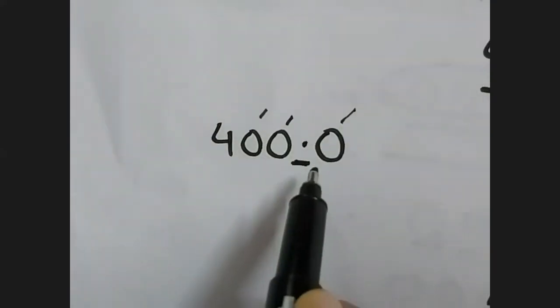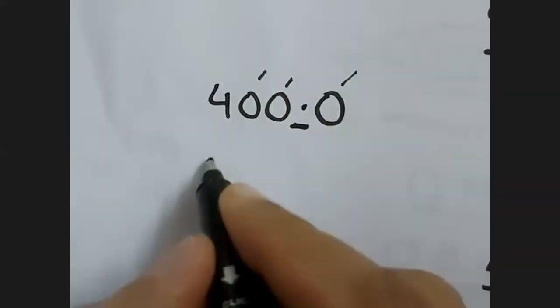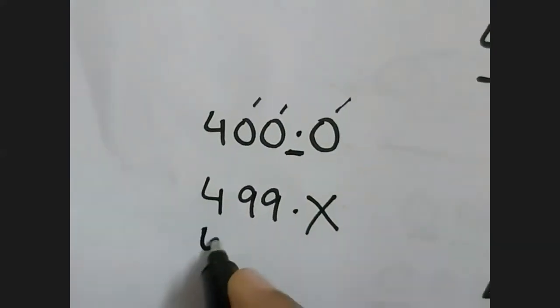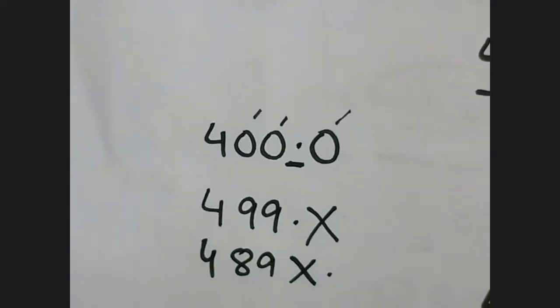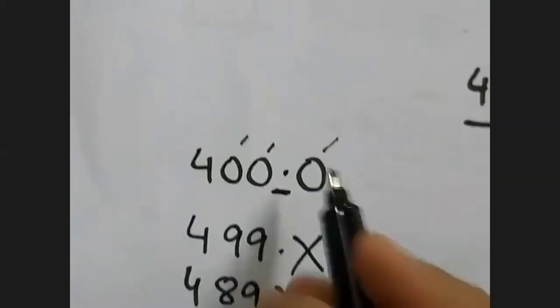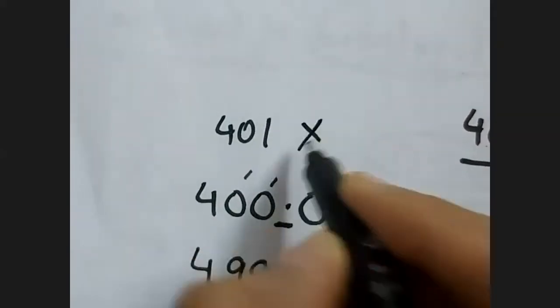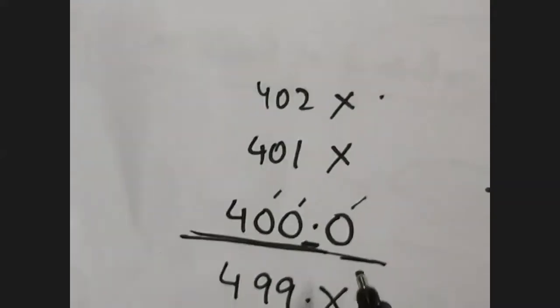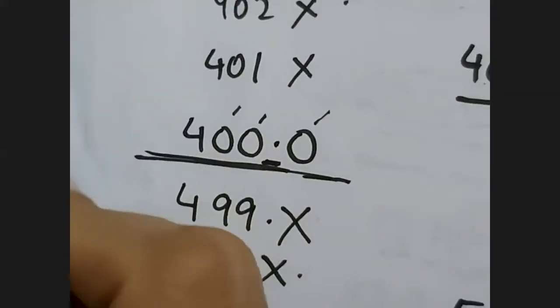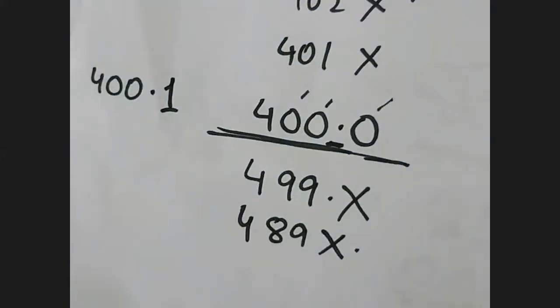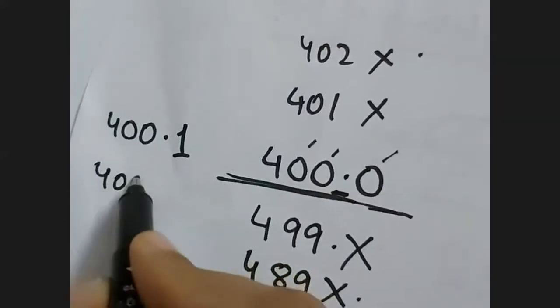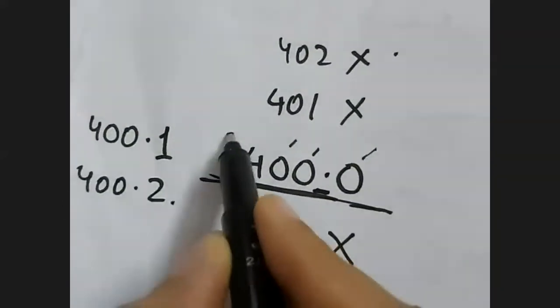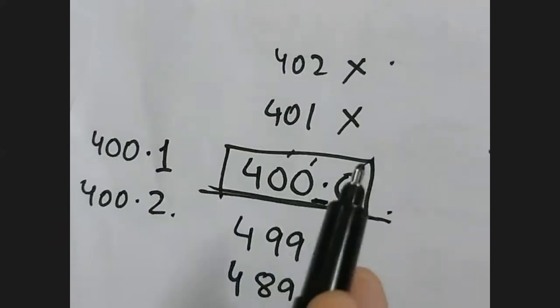What this means is that this is not 499, not 489, not 401, not 402. This is exactly 400. And this is also not 400.1, not 400.2, but exactly 400.0.